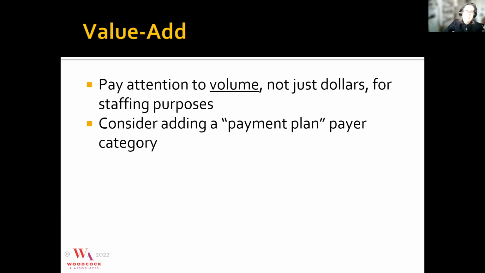So some value adds when it comes to an age trial balance is to consider paying attention to volume, not just dollars, because that really helps us thinking about staffing. And last but not least, a great tip is to add a separate payer category called a payment plan. Because when you think about it, when you put patients on a payment plan, you are agreeing proactively to age their receivables.